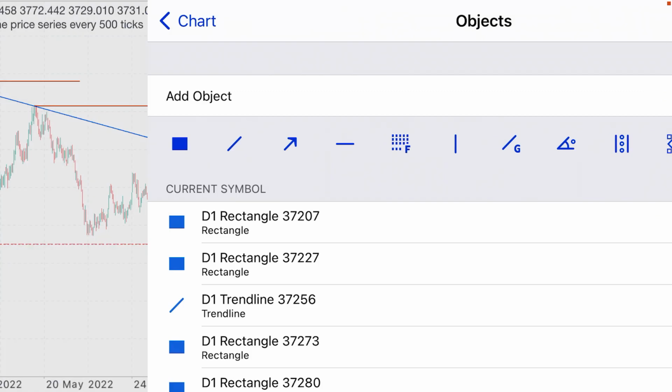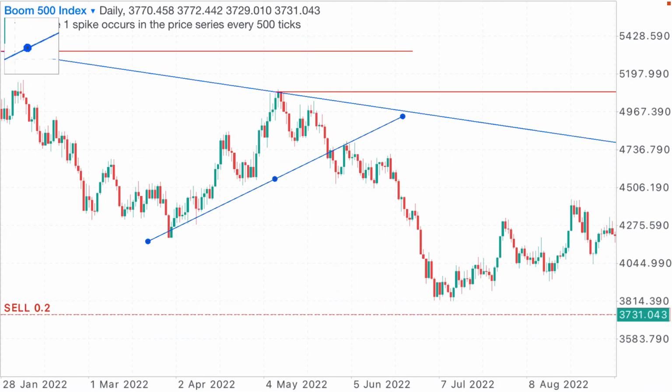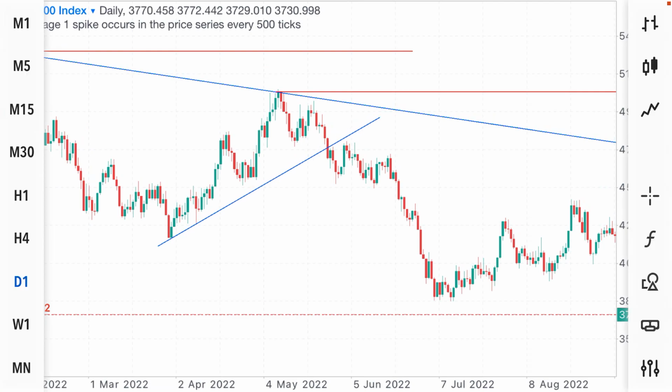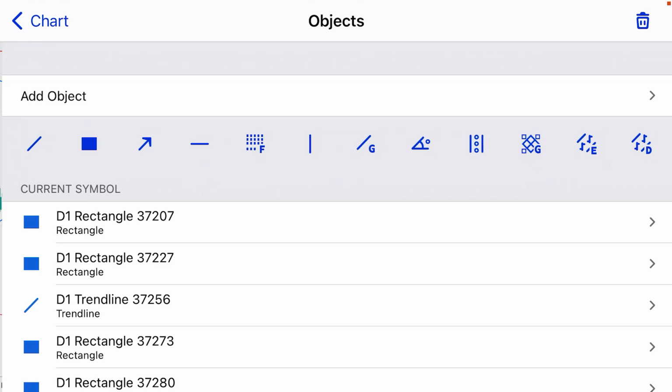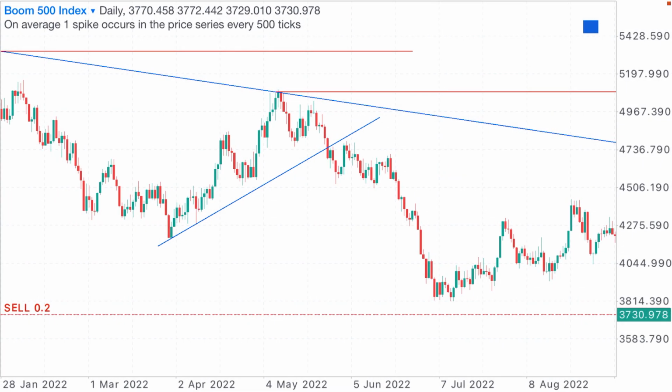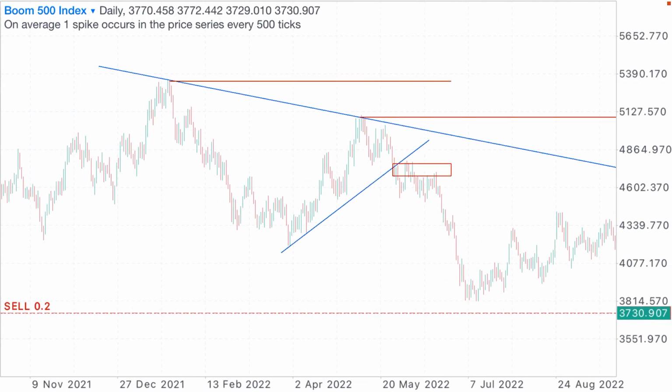So the market was moving, creating other structures, making a break, creating demand, this zone dropping down.